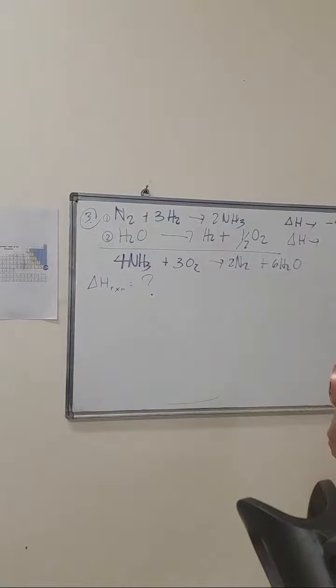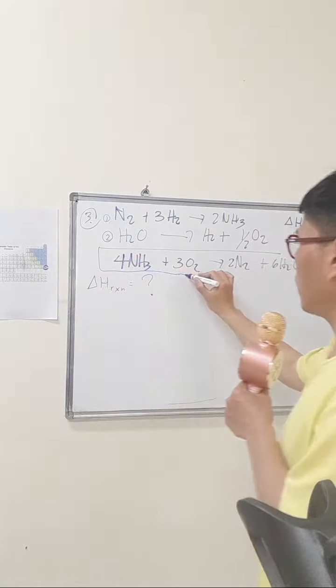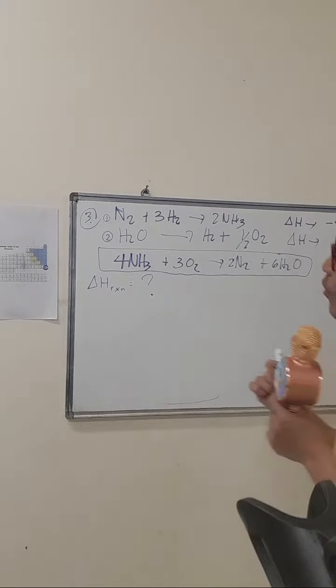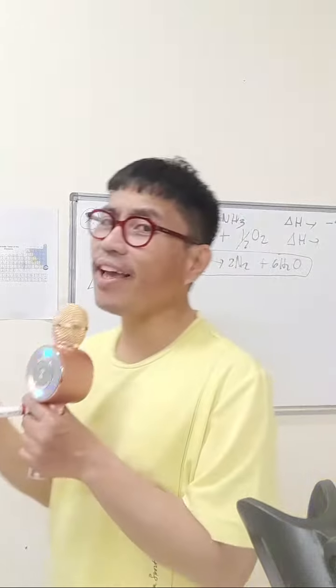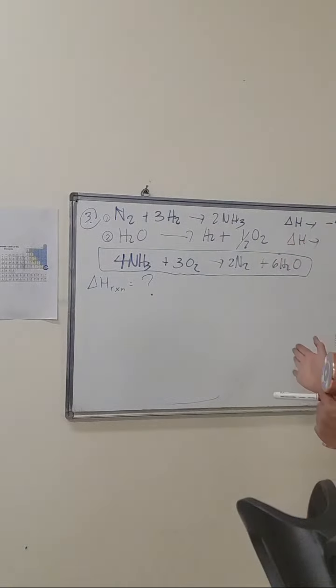Now, our overall chemical reaction is 4 moles of ammonia plus 3 moles of oxygen gives 2 moles of nitrogen gas plus 6 moles of water. This is the chemical reaction we are trying to find when we add equation number 1 and equation number 2, with their corresponding enthalpy changes of reaction, negative 92 and positive 286.